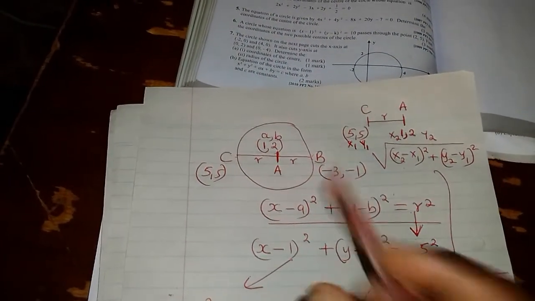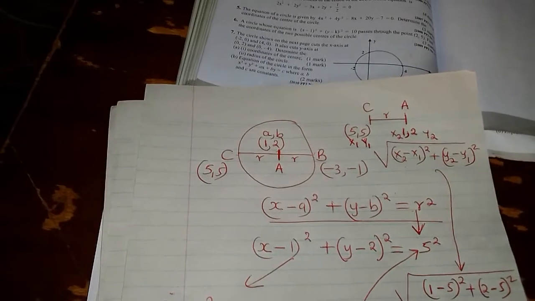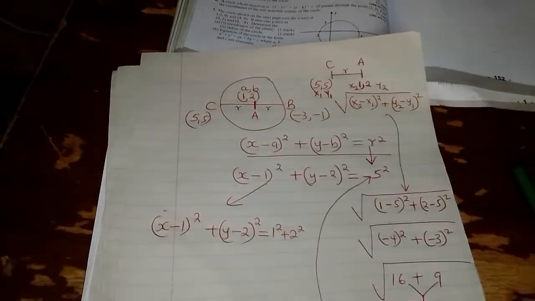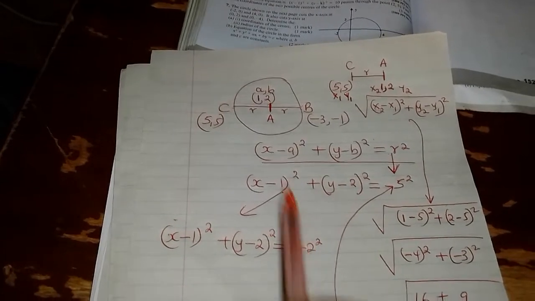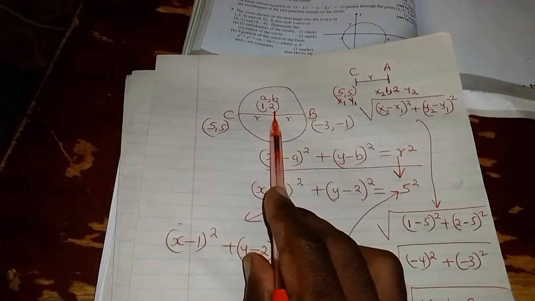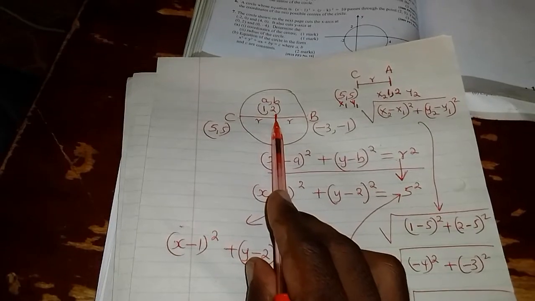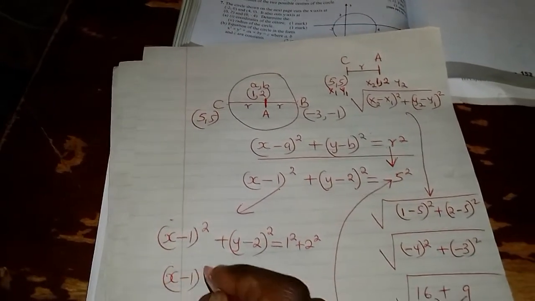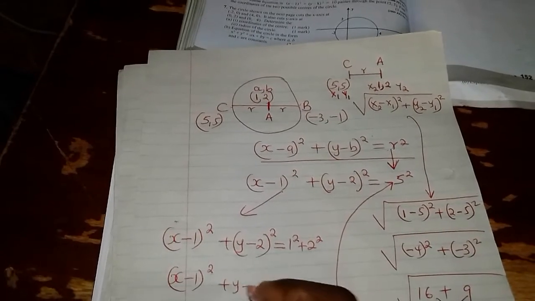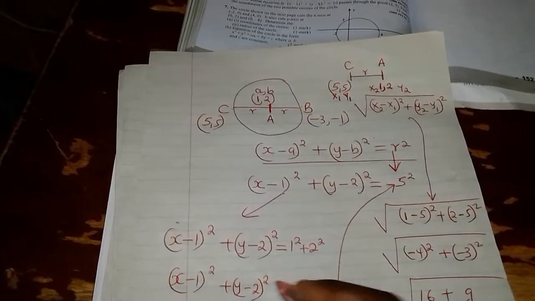So just say 1 squared plus 2 squared. Look at that. Just get the squares of the coordinates of the center of the circle. Yeah. Sounds easier.